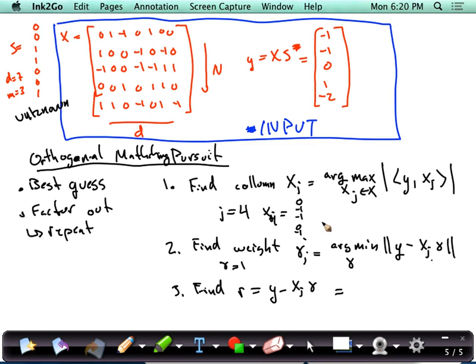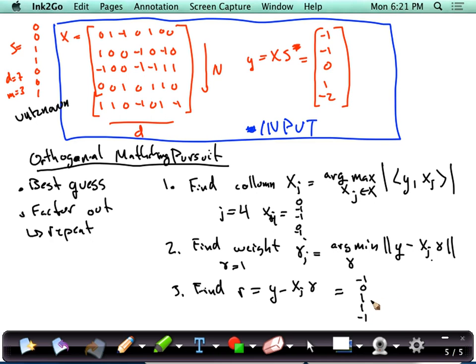In this case, if I took y and subtracted out x4, what's left over is going to be minus 1, 0. Now I'm going to subtract out a minus 1 from 0, so I'm going to get a new entry, a plus 1. This plus 1 is going to stay here, and this is going to be a minus 1. It's gone from minus 2 to minus 1. And so the norm of this vector should gradually be getting smaller. I'm explaining more of the observation as I do this.